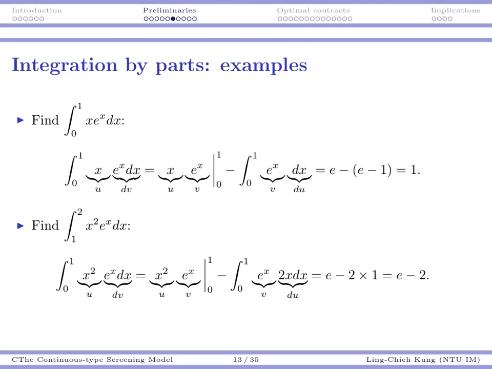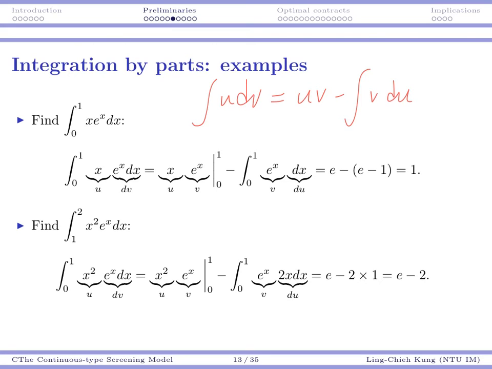And once we do that, then according to our formula, let me write it down again, u dv equals uv minus v du. Then we can know here we should have uv, and then we're going to plug in the upper bound and lower bound to it. And then we also have minus v du.